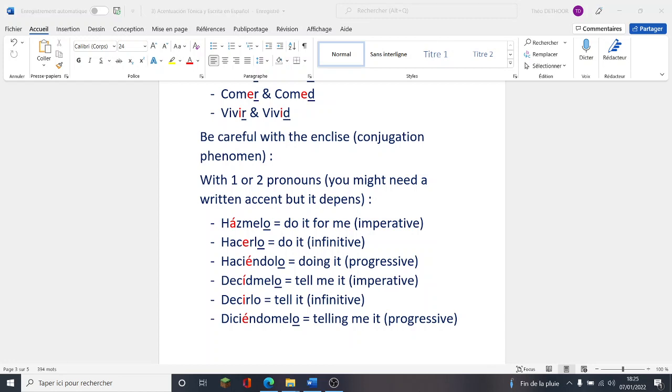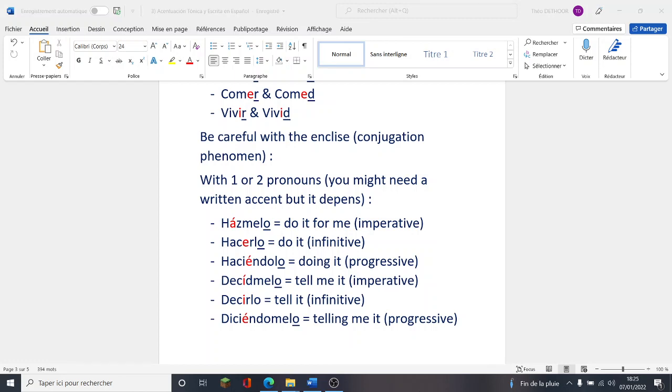The third example, haciéndolo, the progressive form, doing it, and the letter that is stressed is the E. So you need an accent above, because if you don't put an accent, it would be the O of the do syllable that is stressed, and we don't want that.